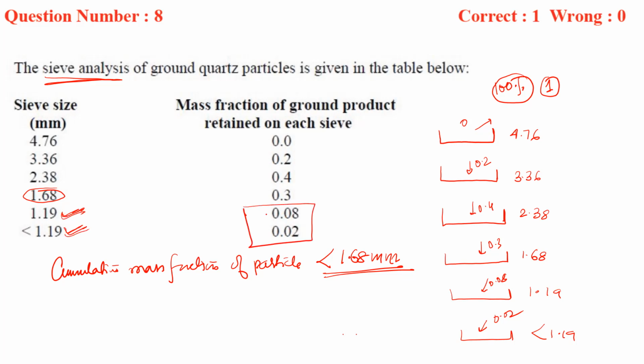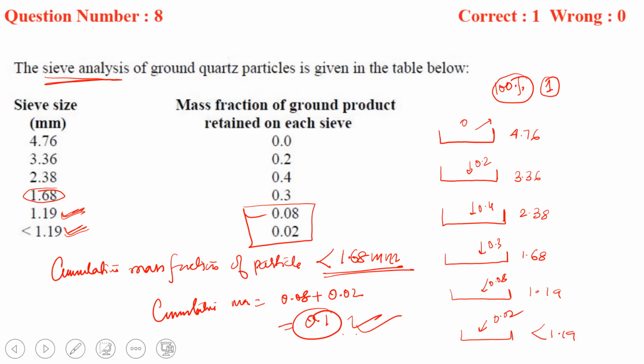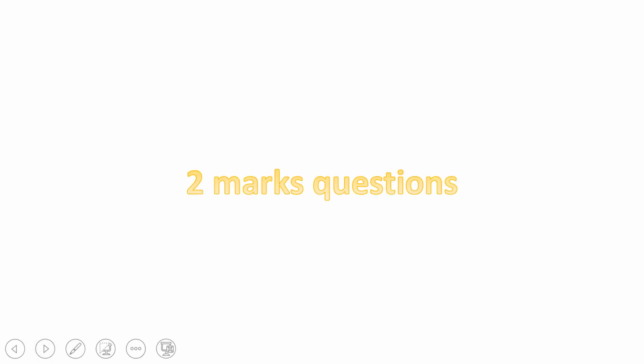If you add these, the cumulative mass is equal to 0.08 plus 0.02, which implies 0.1, right? And this is your answer. So now let us move to the next question. Next is the 2 marks question.